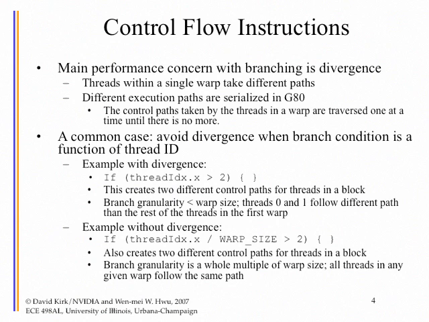However, if you say, if the thread ID divided by warp size is greater than 2, remember, the thread ID is within the block, right? So it can be anywhere from 0 through 511. So if you say that the thread ID divided by warp size is greater than 2, that means you're going to activate the first 2 warps, okay? And you're not going to activate the rest of the warps. So in this case, every thread in the first 2 warps will be executing the then part, right?